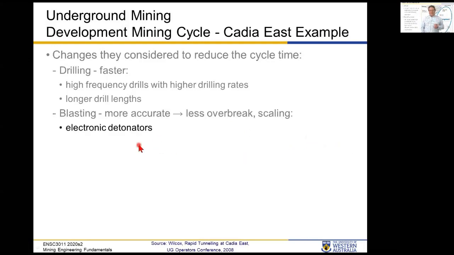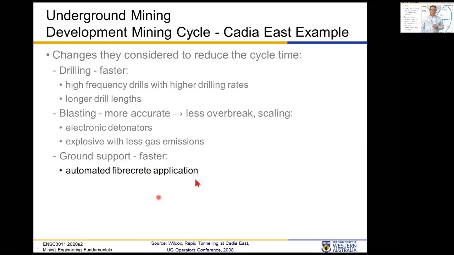Using electronic detonators, which are the most advanced in terms of timing, most precise. Trying to find an explosive with less gas emissions so they can get in earlier. Looking at the ground support, which of course is their main time. Looking at automation of the fibercrete or shotcrete, and improving the mixture so it sets earlier, because you've got to wait for that to set.